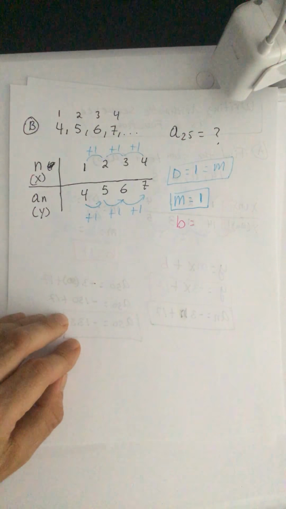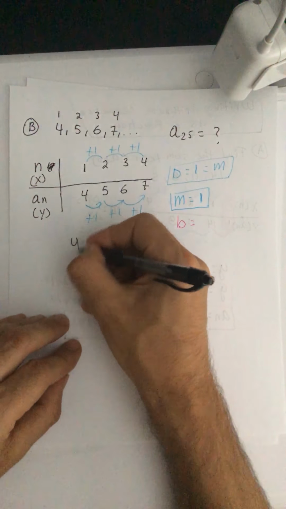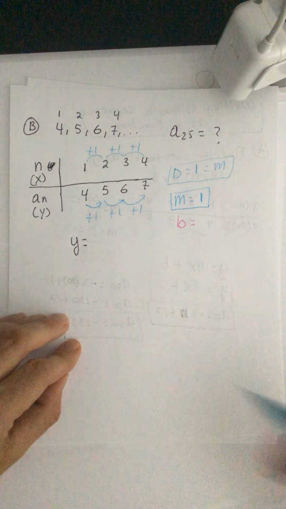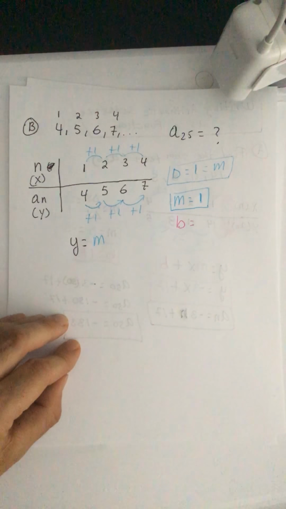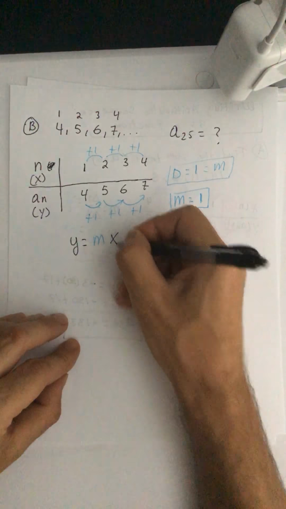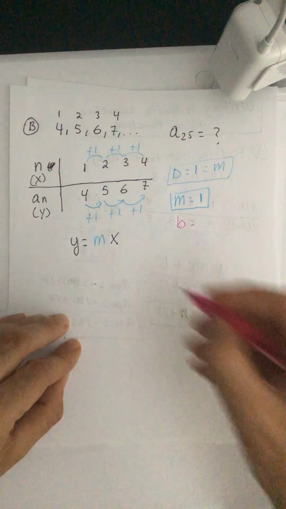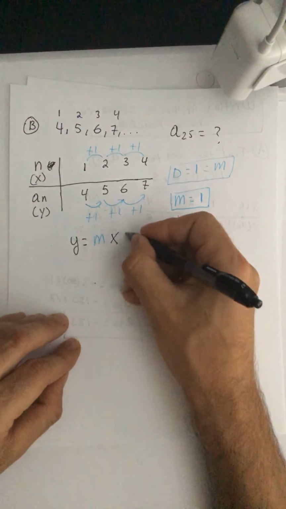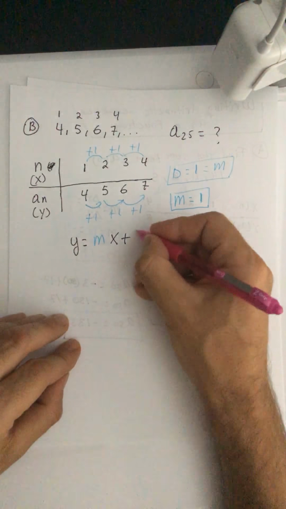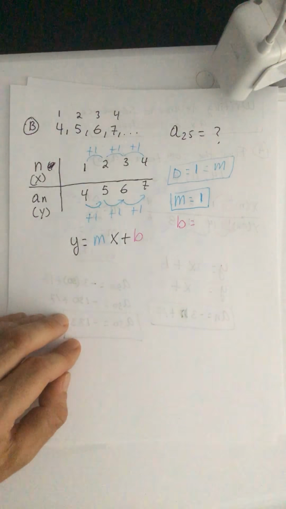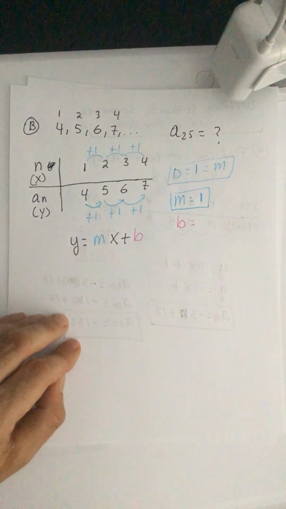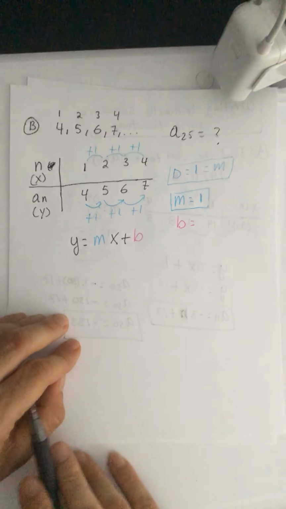Okay, because remember, we're using y equals mx plus b. We're using the slope intercept form. So remember, to find the y-intercept, x has to be equal to 0.